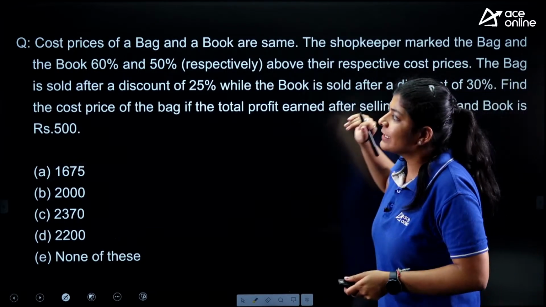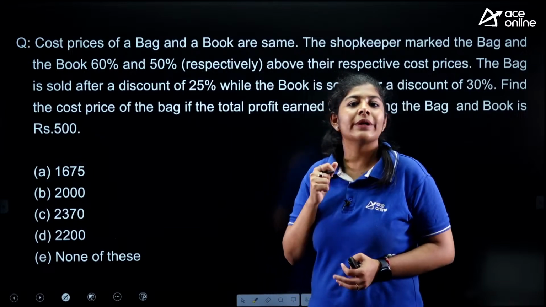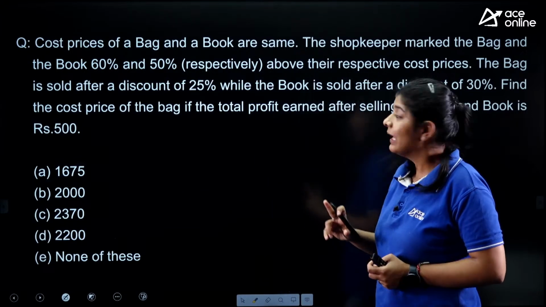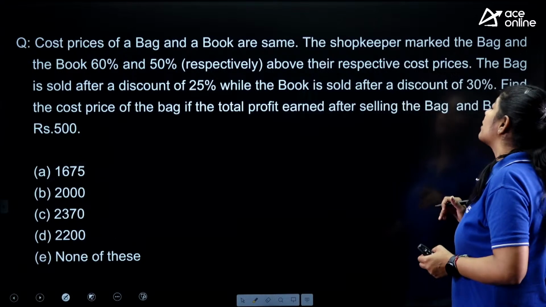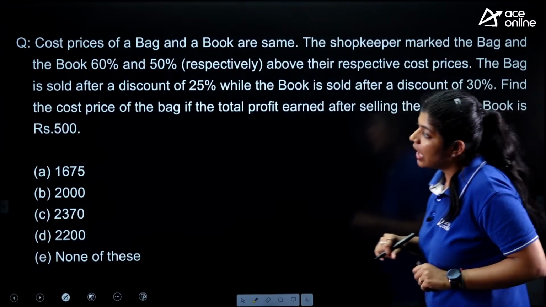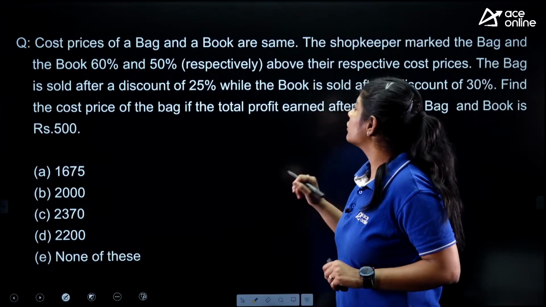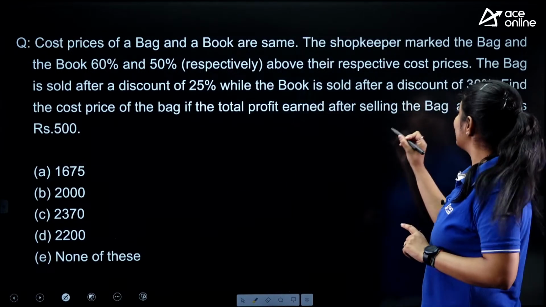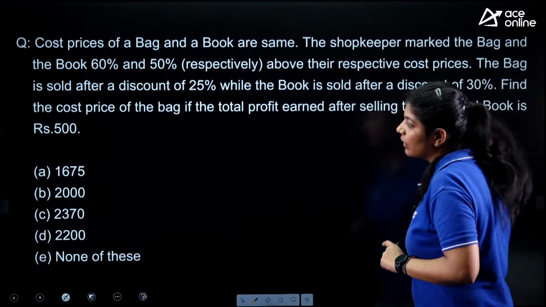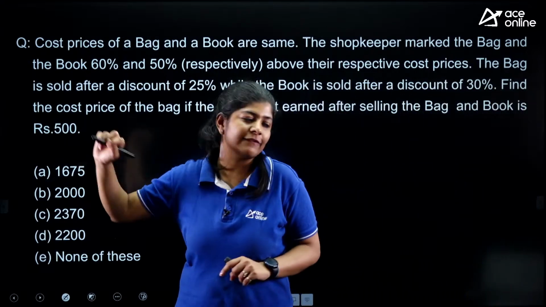The bag is sold after a discount of 25%, while the book is sold after a discount of 30%. Find the cost price of the bag if the total profit earned after selling the bag and the book is rupees 500.